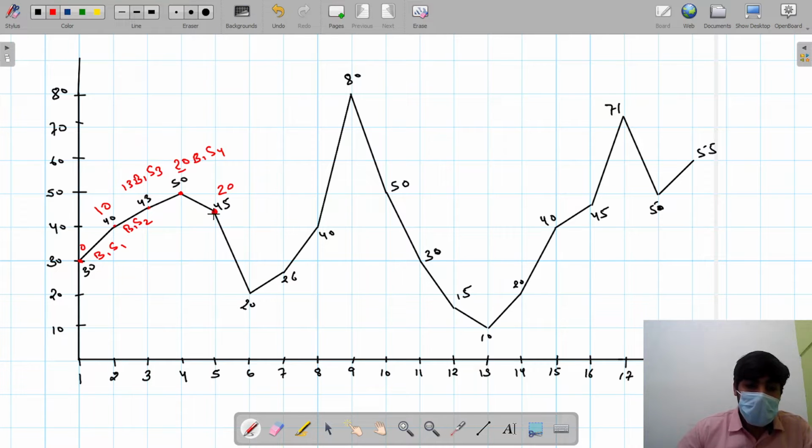Like for the 5th day, we are checking whether the 5th day profit is maximum or the profit which we got before that day, like from 1 to 4 or 1 to 5. Okay, so buy at 1, sell at 4. Let's come to that point.